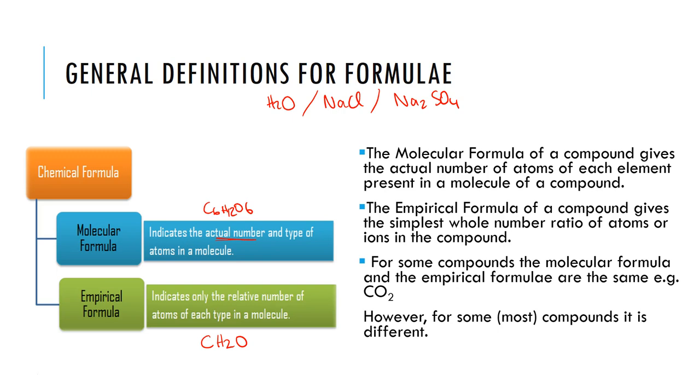Okay, so it's the simplest whole number ratio of atoms. So if we look at CO2, we can see that, well, in this case, the lowest whole number ratio is actually already there. I can't divide C by 2 to get a half, because that's not a whole number. So sometimes empirical formulae and molecular formulae are the same.